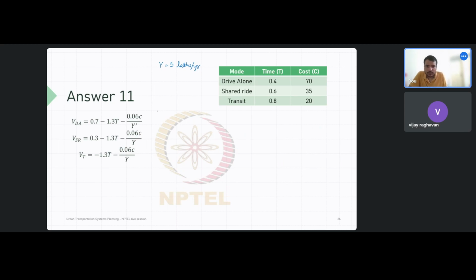So let's find these three values. VDA will be equal to 0.7 minus 1.3 into time for DA, that is 0.4, minus 0.06 times cost. Cost is 70 by Y, where Y is income, 5. Let's find this value.